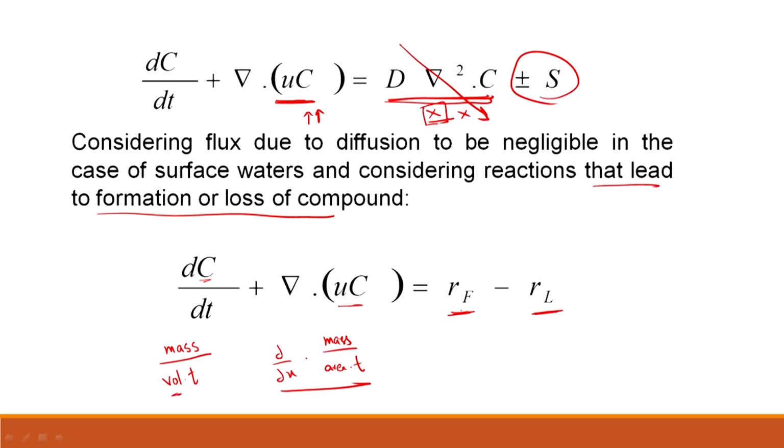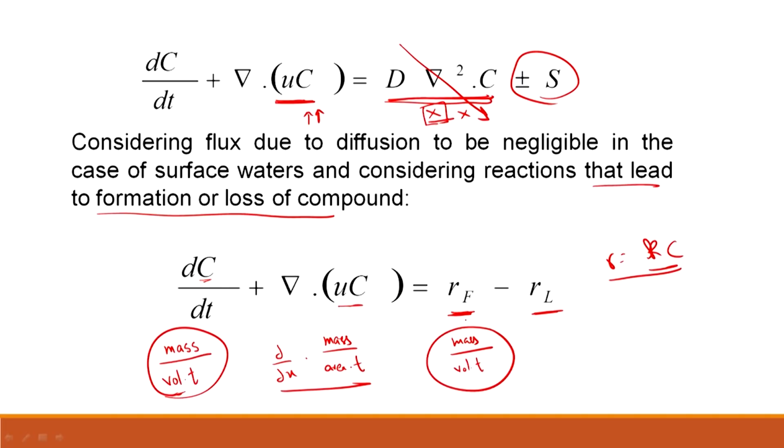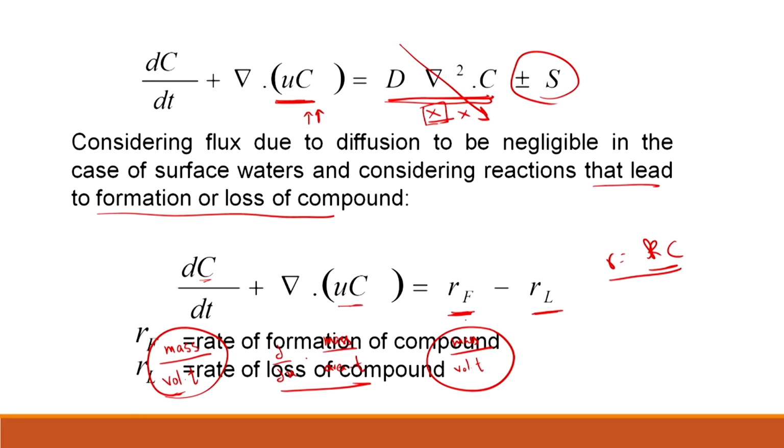And the rate of formation, if you know Kc, or rate, is mass per volume, the change in concentration with time. So, the units are mass per volume per time for each set of variables here, rate of formation of the compound and rate of loss of the compound.